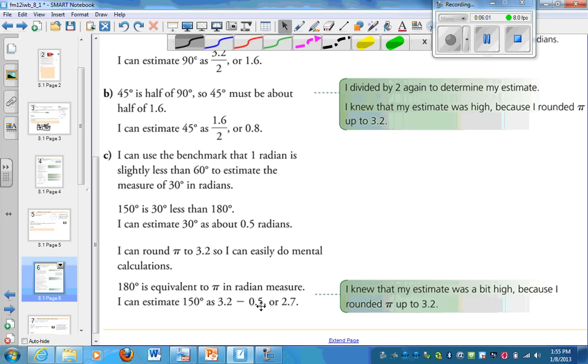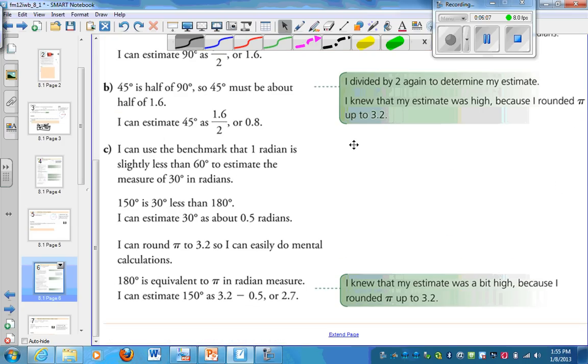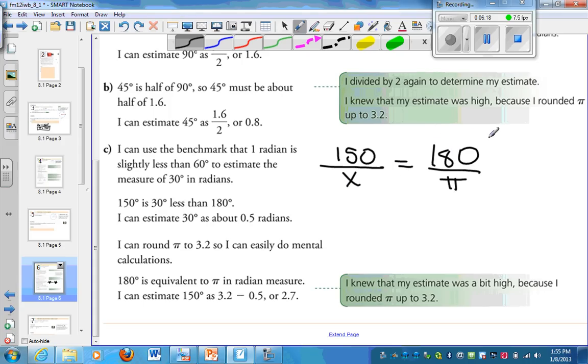So let's look at this. So we did 150. This is the math, not estimation, but 150 is to what radians as 180 is to pi. So to solve for x, we go x times 180 equals 150 pi.